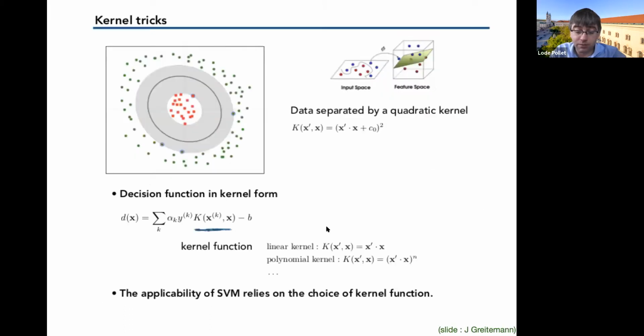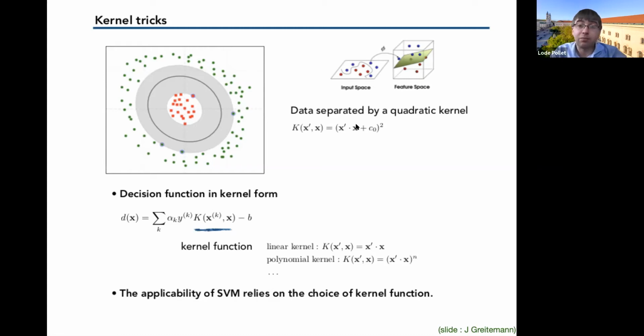Now, the main drawback of what I said so far is that the hyperplane is really a hyperplane. And what gives support vector machines their ultimate power is the fact that you can use the kernel trick. So it is possible to find separations that are curved, that they are not hyperplanes.